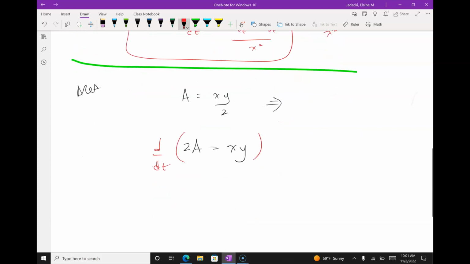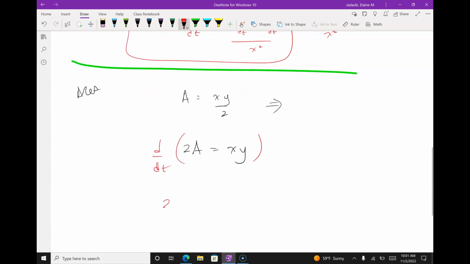Let's do that derivative. What do I get on the left? dA/dt, A prime, if you will, right?